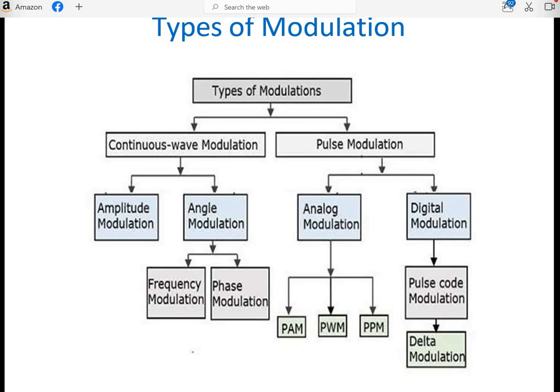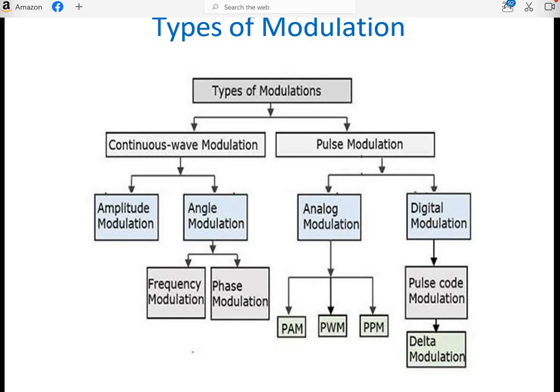For the conversion of a signal into a waveform, there are three important parameters: first is amplitude, second is phase, and third is frequency. Amplitude considers the height of that particular signal, phase considers the shape, and frequency considers the width of that particular signal.